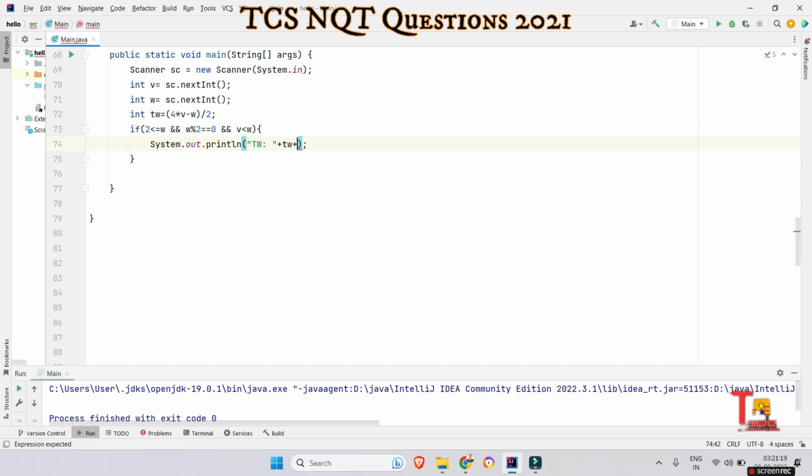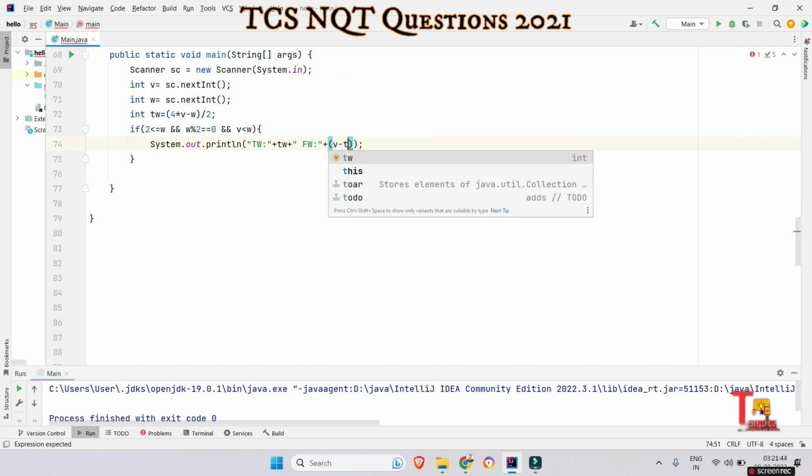And four wheelers are the total vehicle subtracted by the total two-wheelers, right?